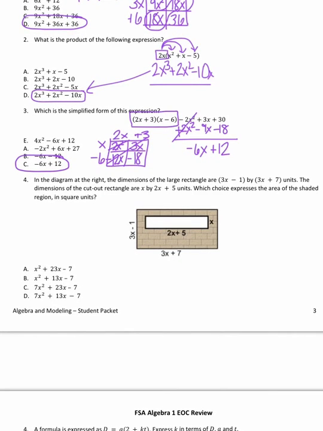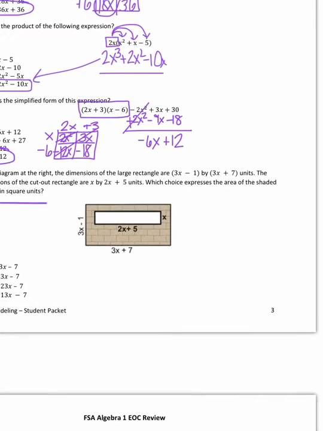Then the dimensions of this cutout rectangle are x by 2x plus 5. So that's the area of the little cutout in the middle. Now, which choice expresses the area of just the shaded region? So we're talking about finding the area of the big rectangle, then taking away the area of the little one.